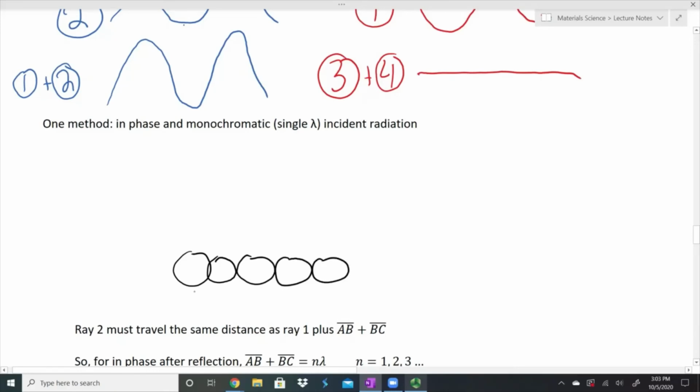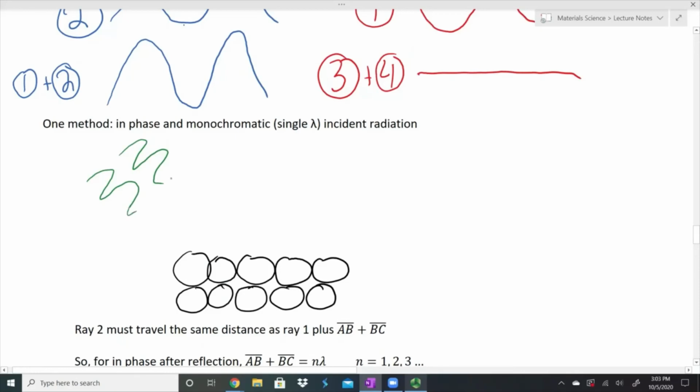And because it's a material, there is a crystal plane below it, and a crystal plane below that, and a crystal plane below that, because that's what we do with crystals. I have this wavelength coming in, and there are going to be lots of these rays coming in. And they're going to come in sync. They're in phase when they come in.